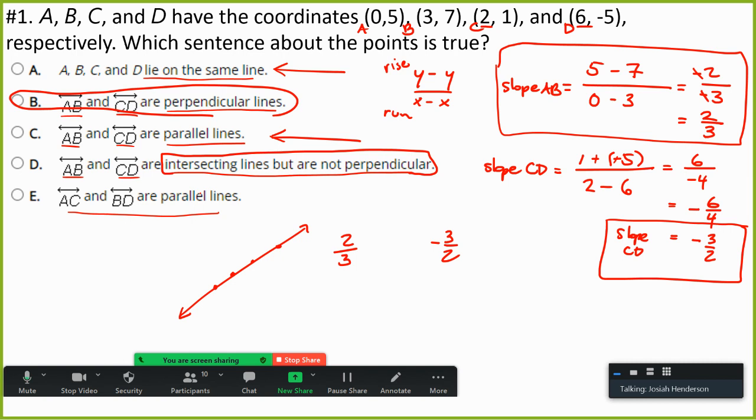So every line that you can come up with is basically intersecting unless they have the same slope. So think about it that way. All lines assume that they're crossing, assume that they're intersecting, unless you find that they have equal slopes, in which case they're parallel and not crossing.